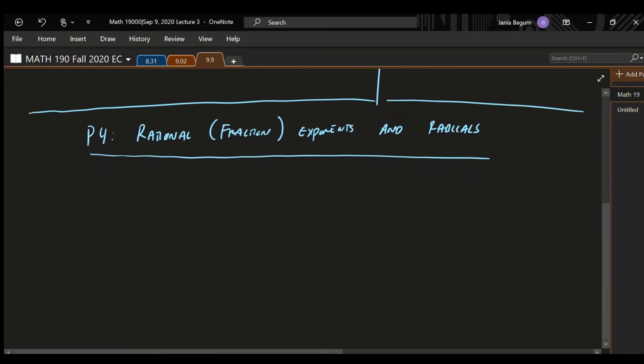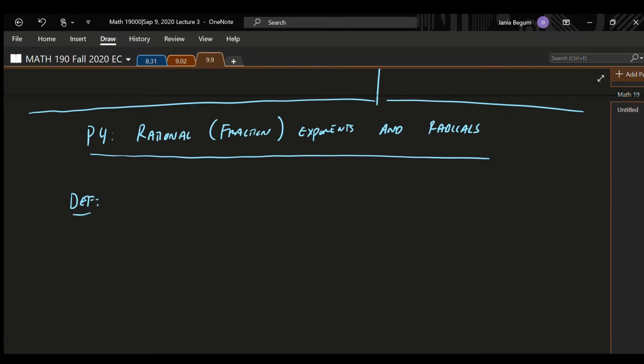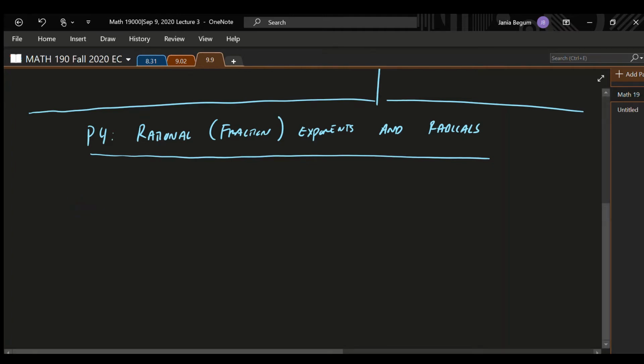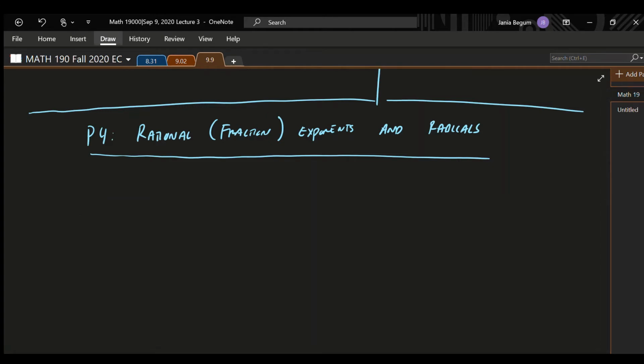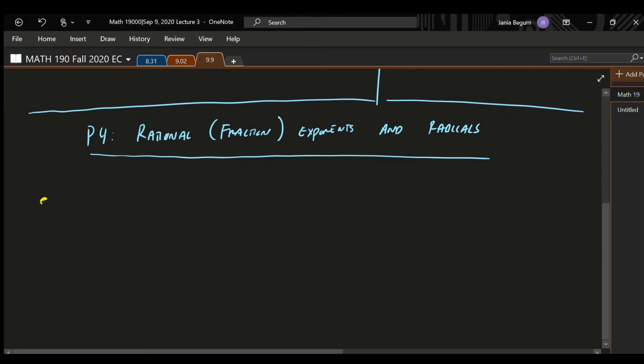Well, what's a rational exponent, right? So think of it this way. So here's a formal definition. Actually, before I give you the definition, let me give you an example. So that way it makes a little bit more sense. So think of something like this. So say you want to evaluate the following.